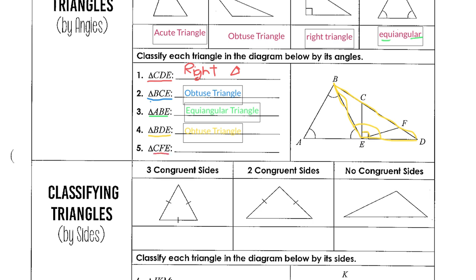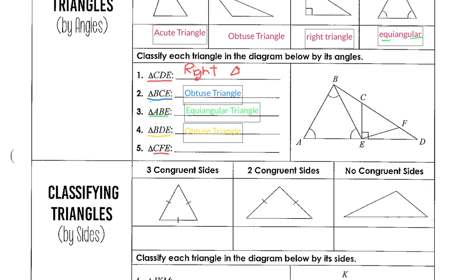CFE. Let's go ahead and look at that. Let me first erase triangle BDE so that we can see this a little bit better. While I'm doing this, go ahead and see if you can identify where CFE is. Okay, CFE.